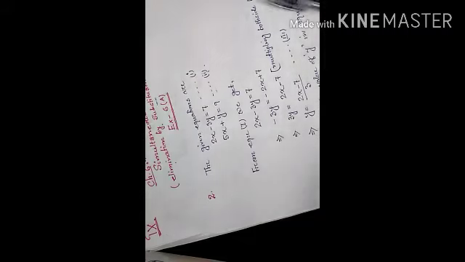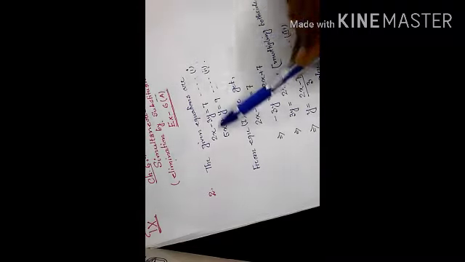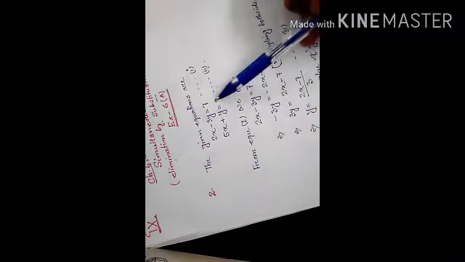Now what do we have to do in this method? From any one of the equations we have to find the value of either x or y. Remember, either x or y. Here suppose in this sum I am taking equation 1.